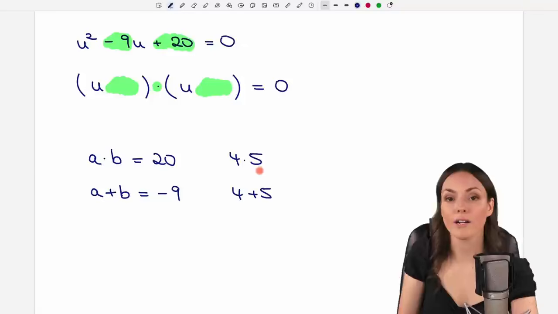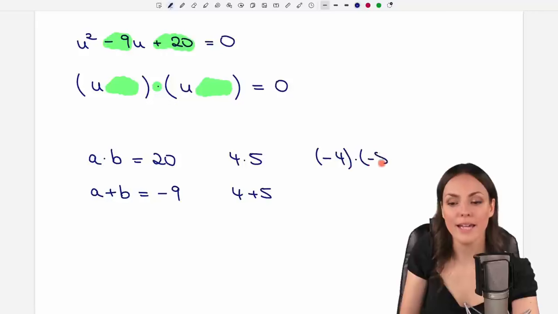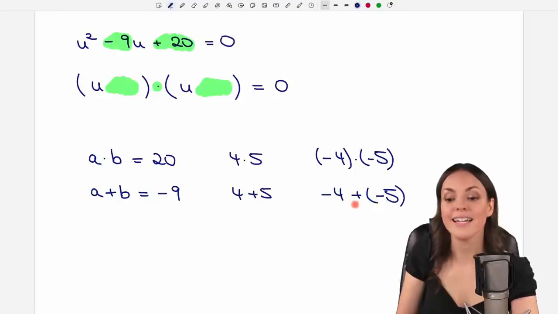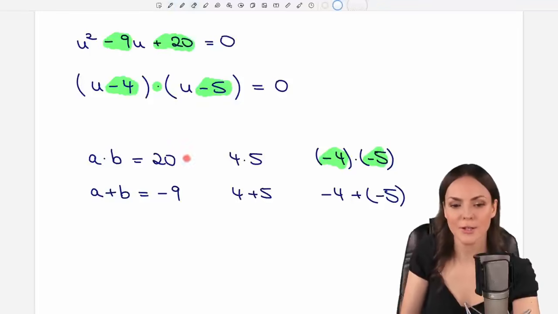So it can't be 4 and 5, but if I multiply negative 4 by negative 5, I also get 20 as a result. But if I add these two negative numbers now, I get negative 9 as a result. So these are my numbers I was looking for. I have the negative 4 that goes in here and the negative 5 that goes in here.